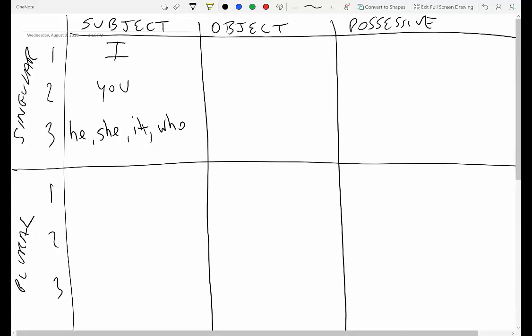But if we have more than one person, now we have plural. So if I am standing with a friend of mine and I want to refer to both of us standing there, I use the subject we. We are standing there. We go to the store. We go to class. We drive to the mall, whatever it's going to be.